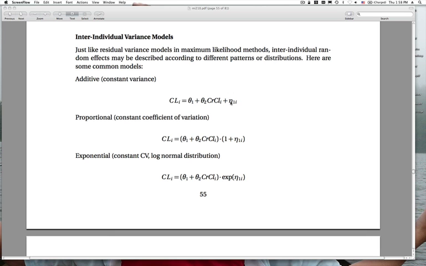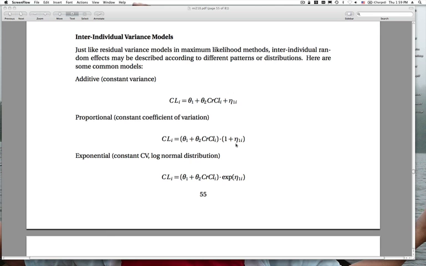There's a proportional variability model, which is also known as a constant coefficient of variation. And this is one where the individual clearance is equal to, again, some typical population value. But now the inter-individual random effect is not simply additive. It increases proportionally with the value of the typical predicted clearance.